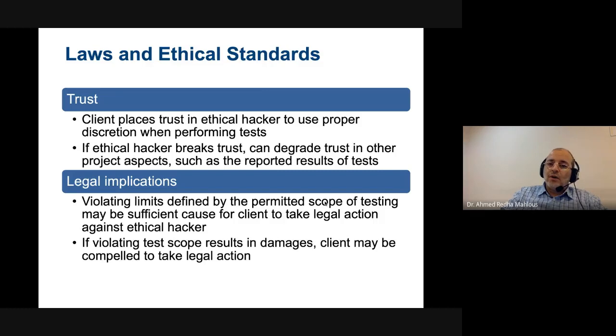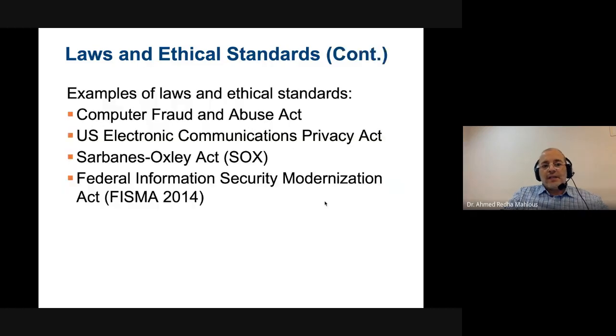You need to be aware of all of this because you have to protect yourself. Everything should be clear, and you will not do anything that has not been agreed between you and the client you are doing the pen testing for.